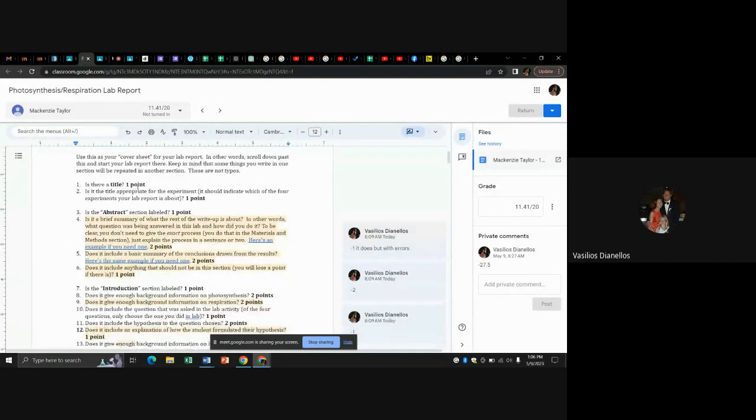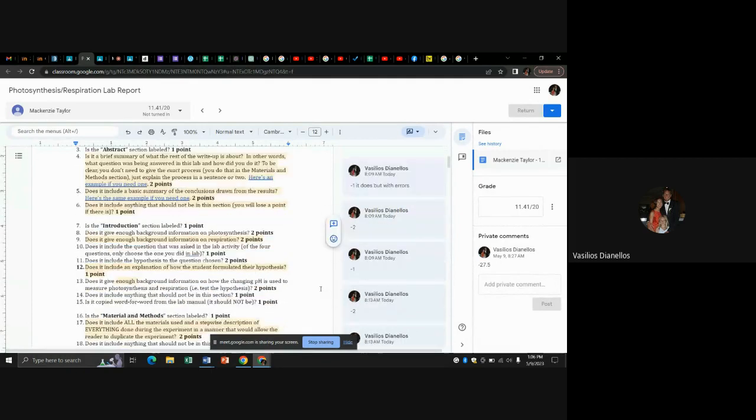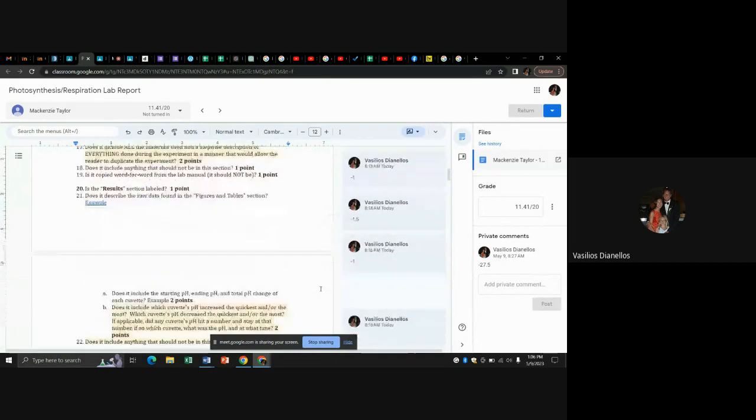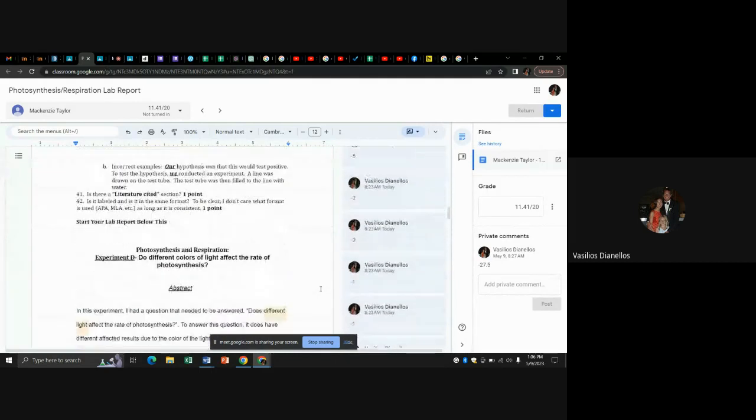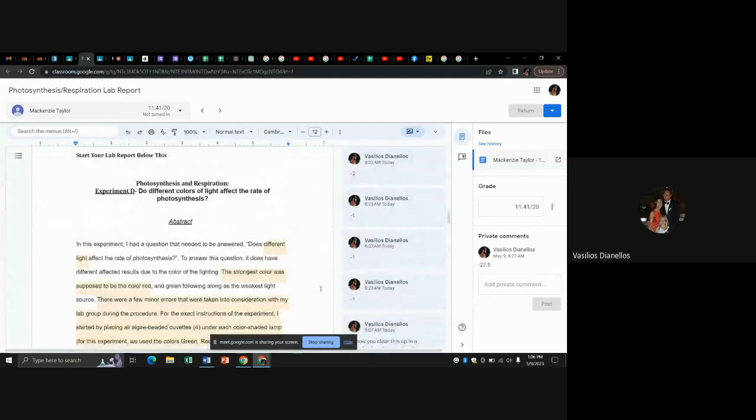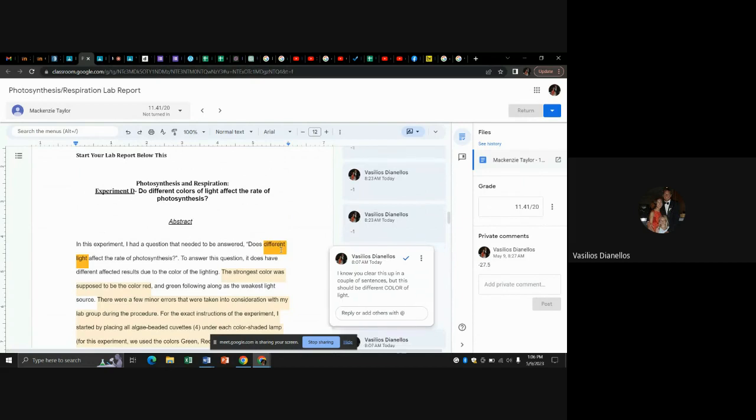Perfect. Okay. So obviously you can look at here and see the exact points, but then the comments give you more feedback as opposed to just the points. You can see what might be wrong. All right. Yeah. So this is a small mistake, especially considering that you fixed it literally two sentences later. But you said, does different light affect the rate of photosynthesis?